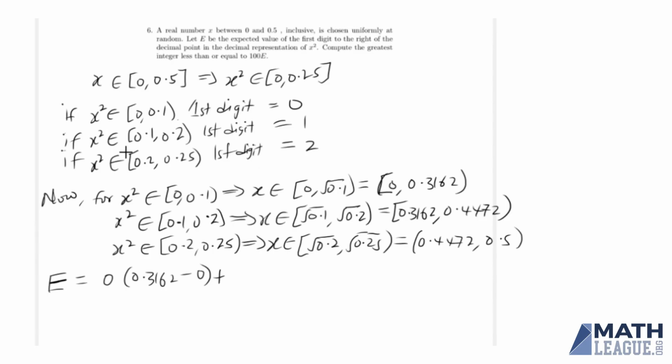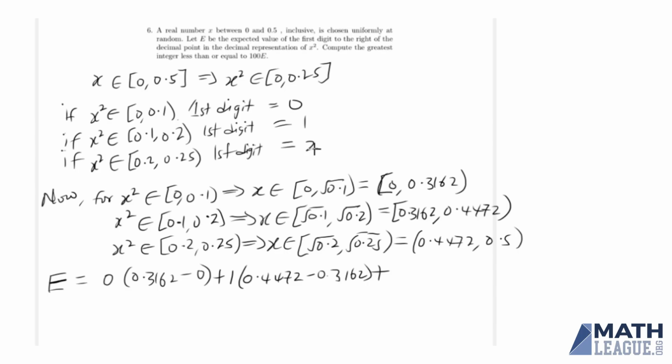Plus, for the second sub-interval where x squared is in 0.1 to 0.2, the first digit is 1, so I have 1 multiplied by the length, 0.4472 minus 0.3162.